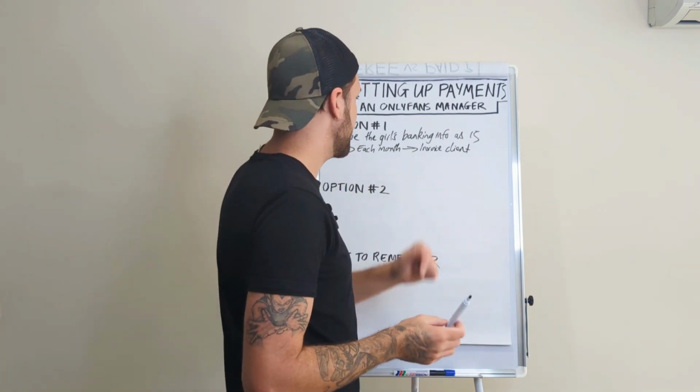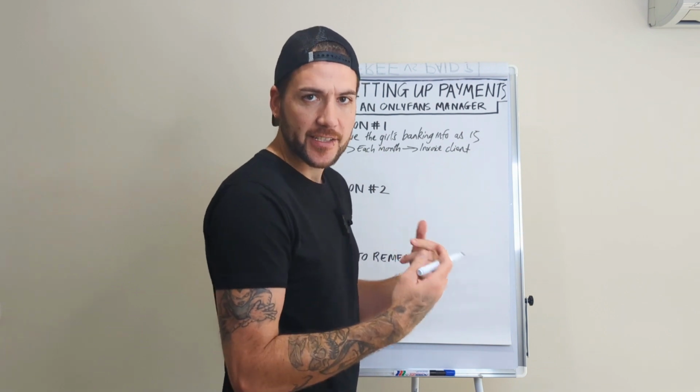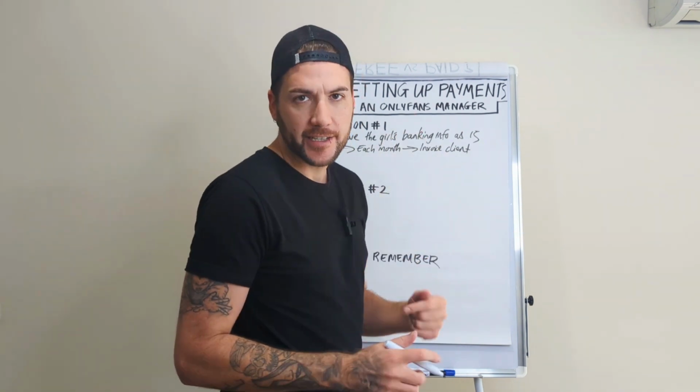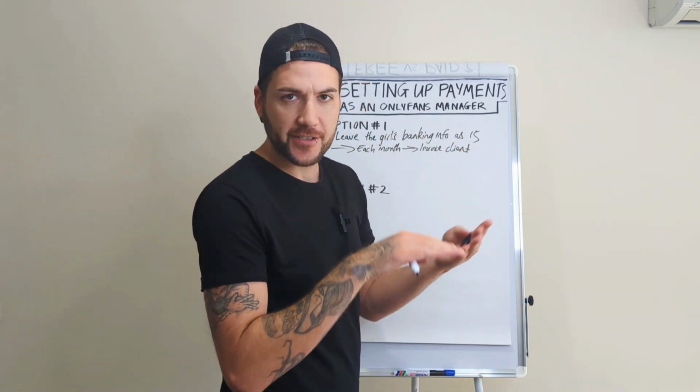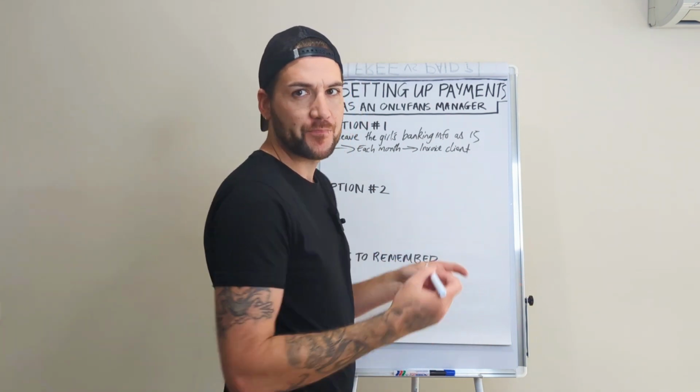She withdraws the funds to her banking account. She gets your invoice, and then however much is down the bottom, however much is owed to you, she sends it to your nominated bank account.